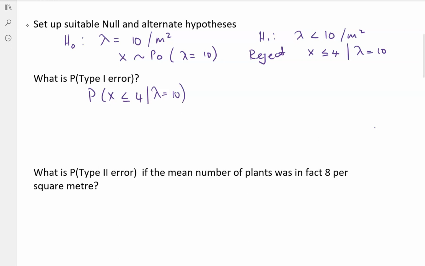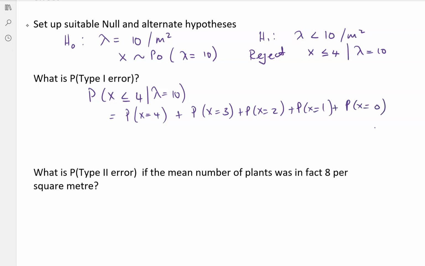If I want to work this out, this is going to be the probability that X is equal to 4 plus the probability that X is equal to 3 plus the probability that X is equal to 2 plus the probability that X is equal to 1 plus the probability that X is equal to 0.